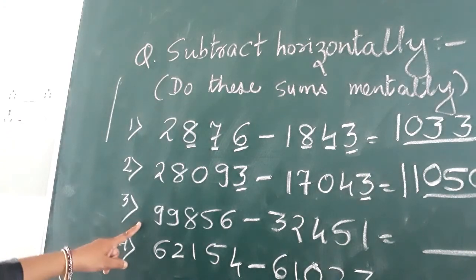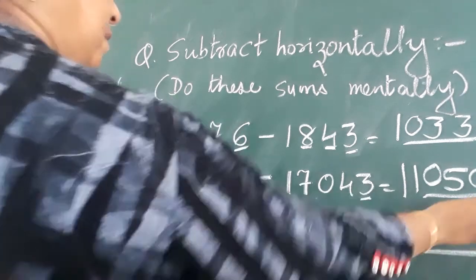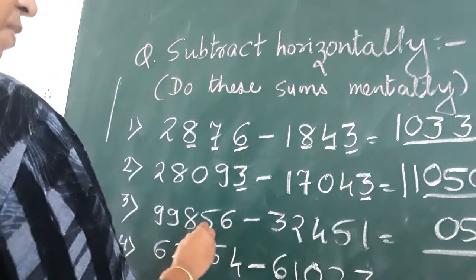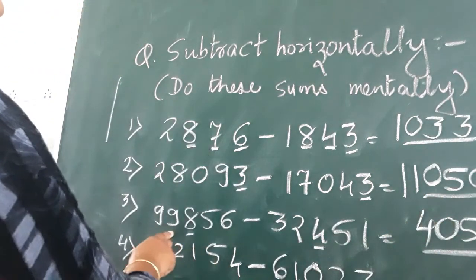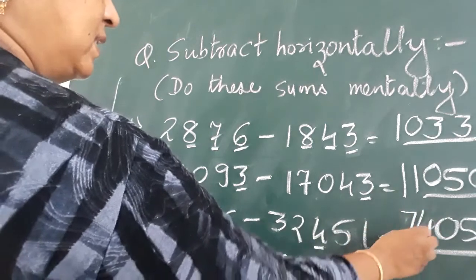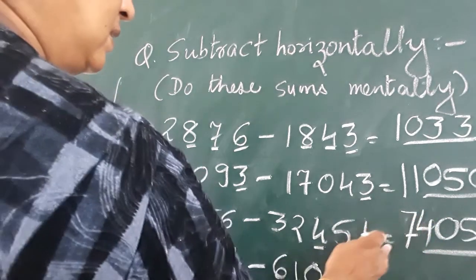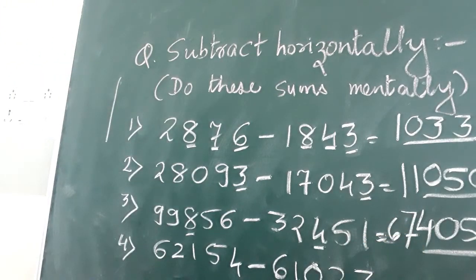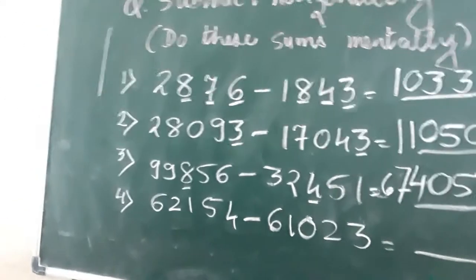Third question, 6 minus 1, that is 5. 5 minus 5, that is 0. Now 8 minus 4, you have it as 4. 9 minus 2, you have it as 7. And now 9 minus 3, that is 6. So write here 6.